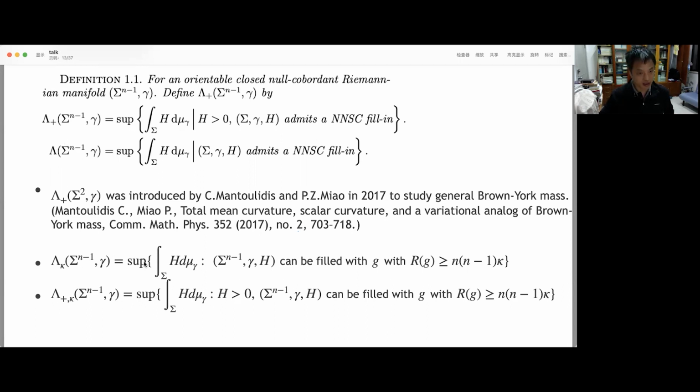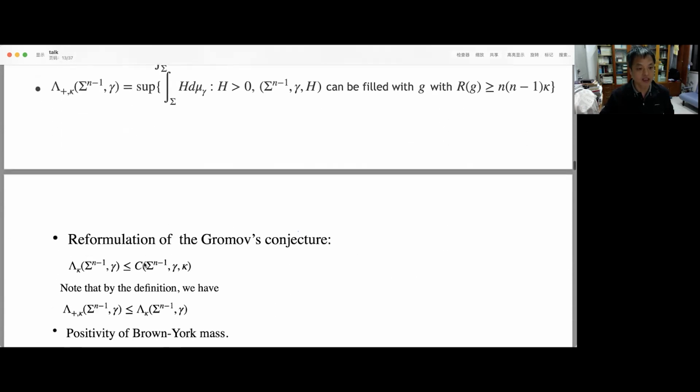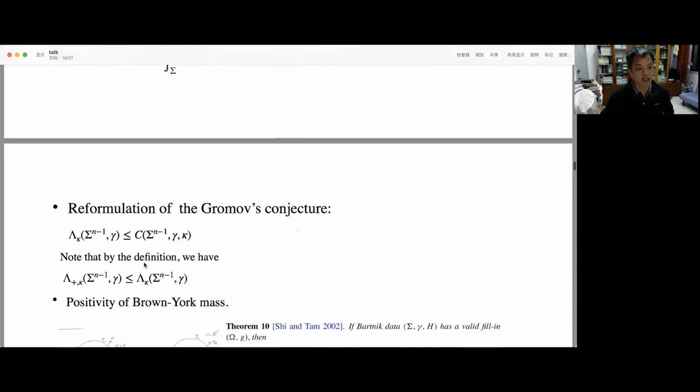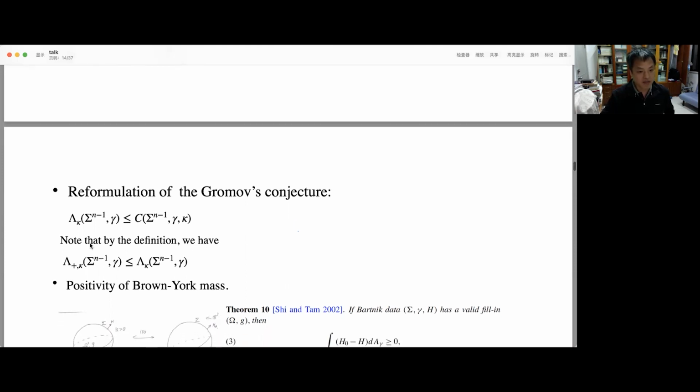Now, with those notations, we can reformulate Professor Gromov's conjecture in the following way. That is, lambda kappa of a given Riemannian manifold is always bounded by a constant C, which depends only on sigma, gamma, kappa. And by the definition, we have that lambda plus kappa of the Riemannian manifold cannot be bigger than lambda kappa.